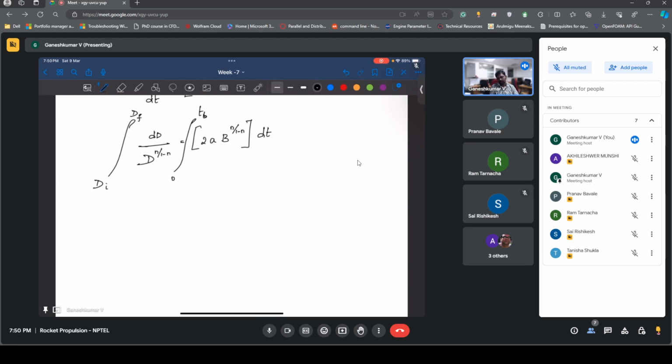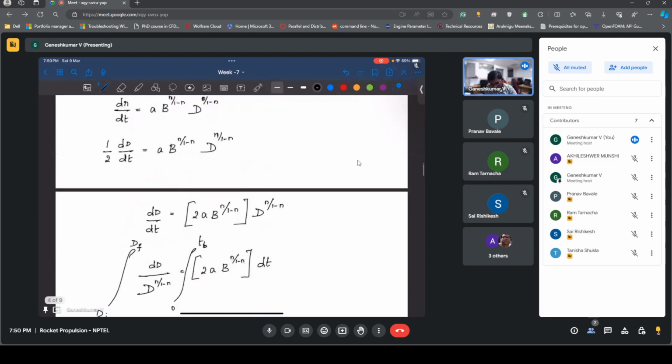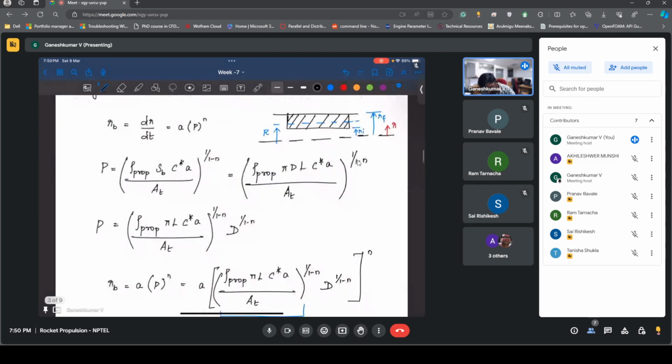The only problem I believe you would face is to write this term Sb. So this Sb I am writing as pi d into L. What if this side is also available for burning? Accordingly you need to add an additional term.